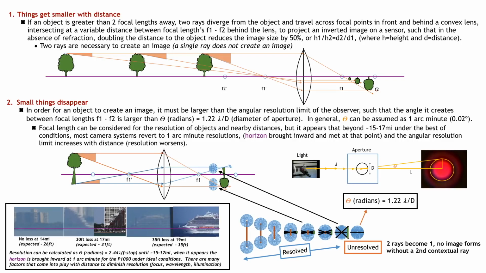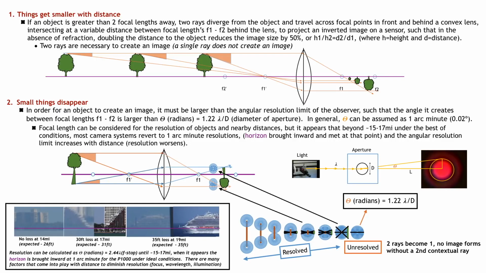To expand on that concept a bit, focal length can be considered for the resolution of objects in nearby distances, but it appears from just personal observation of footage that I've been able to look at that beyond about a 15 to 17 mile distance, even under the best circumstances and best conditions, where water temperature and air temperature are roughly the same, most camera systems revert to 1 arc minute resolutions, and that is how we see the world with distance.